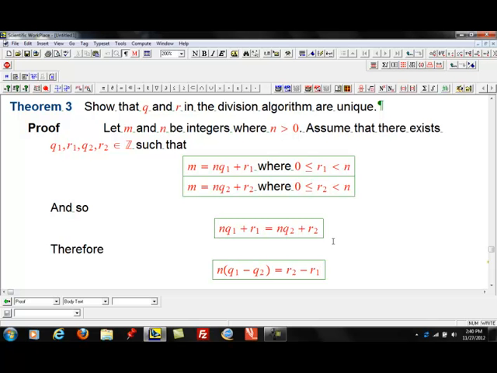What do we know about r2 and r1? They're between 0 and n. So what can we say then about r2 minus r1? Well, r2 is going to be less than what?